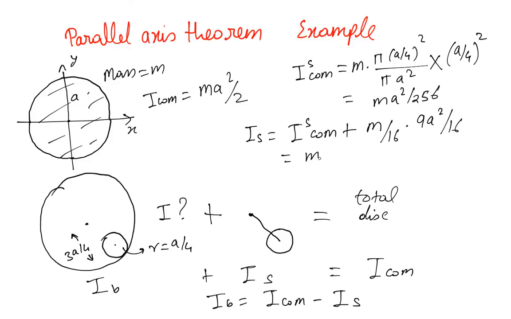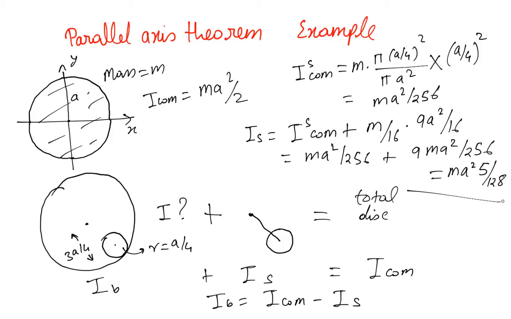This is nothing but ma squared over 256 plus 9 ma squared over 256, and that gives us, actually let's do it faster, ma squared 5 over 128.